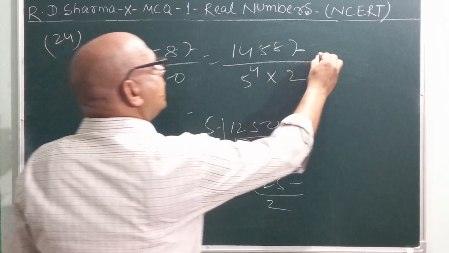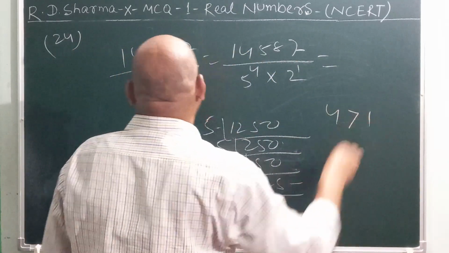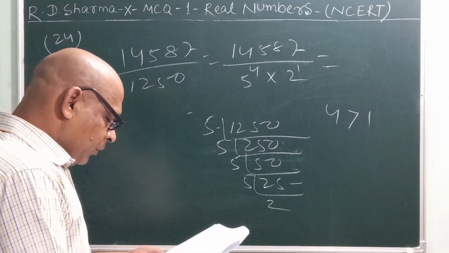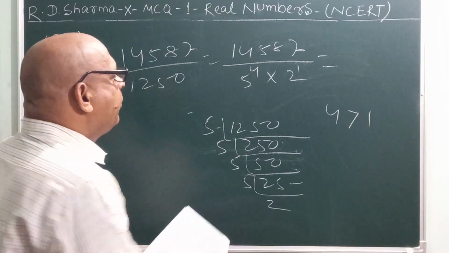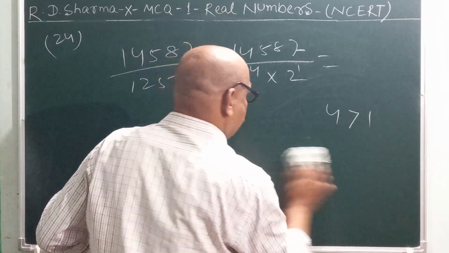Clear? Next, 5 to the power 4 and 2 to the power 1. 4 is greater than 1. Clear? The answer will terminate after 4 places.